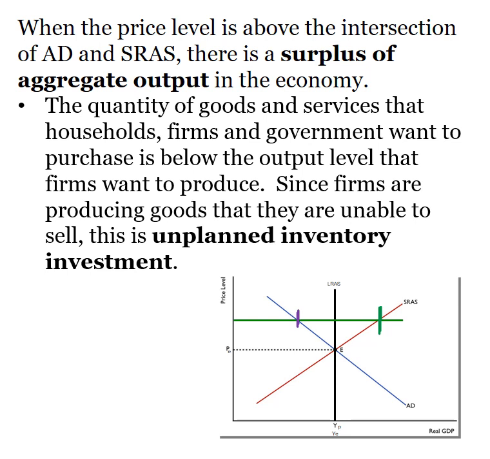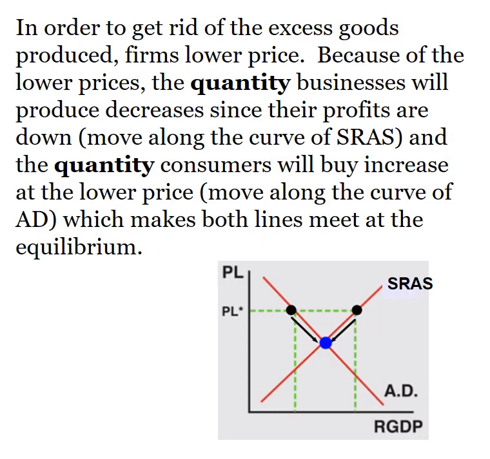And that's going to create an overall surplus in our economy. Anytime you have a surplus, you have too many goods. And we learned with regular supply and demand that if there are too many goods, firms will lower the price. That is the solution to every single surplus situation.